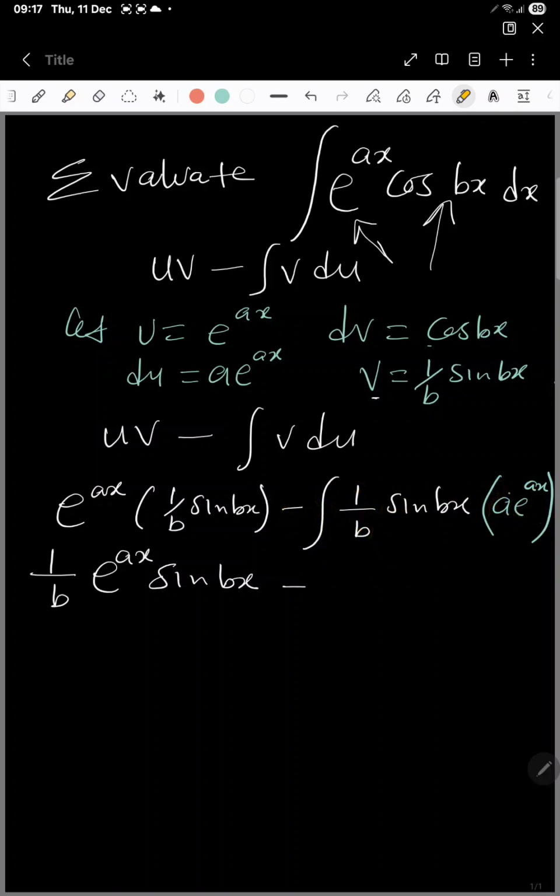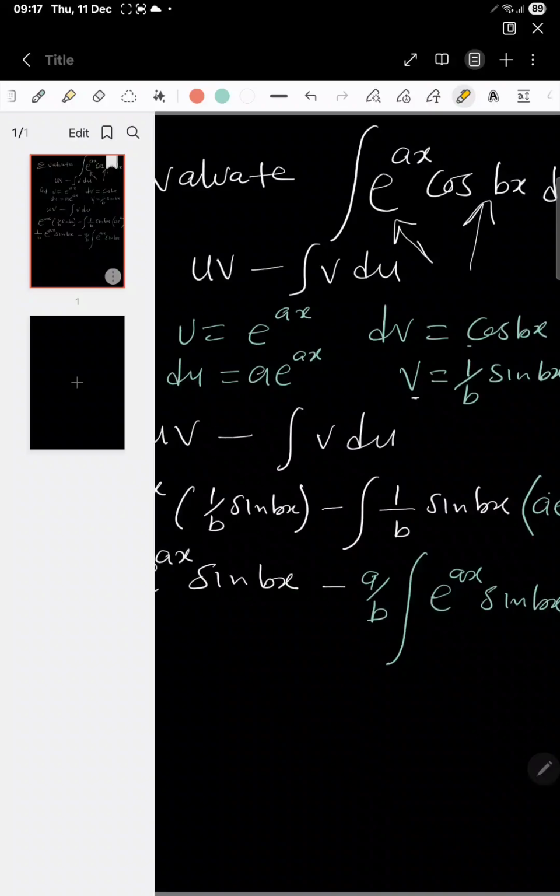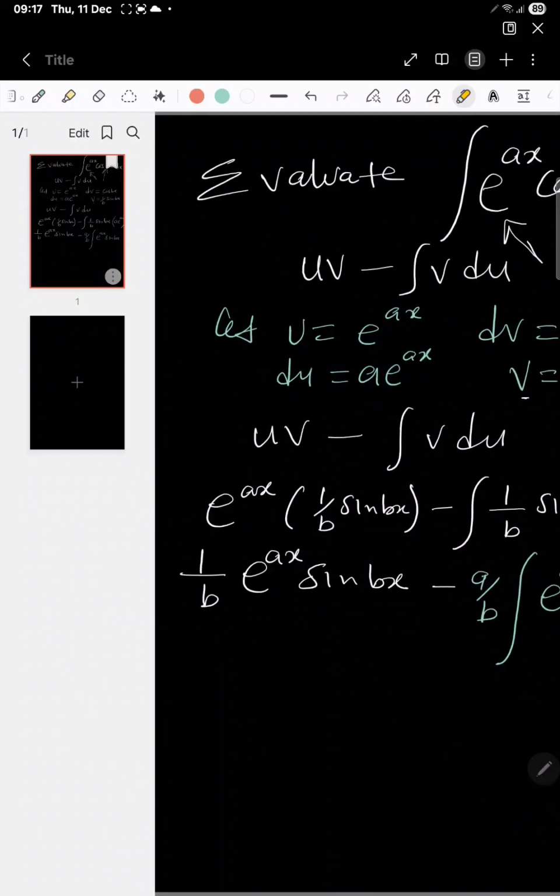So we have 1 over b times a, which gives a over b, and then the integral remains of e to power ax sine bx. So this is what we have. What I've simply done there is to multiply.